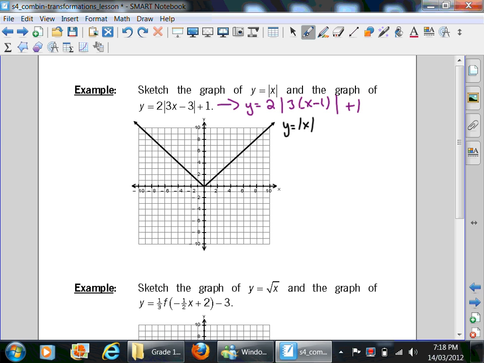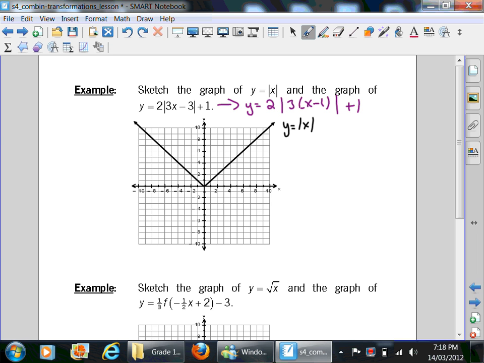Now we basically just have a horizontal stretch compression and a vertical stretch compression, and then a couple translations. Okay? So we'll start off with the stretch and compression. Now, one's horizontal, one's vertical, so that basically means it's going to alter both your x and your y values. Ooh, that's no fun.